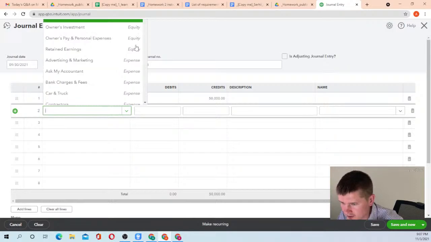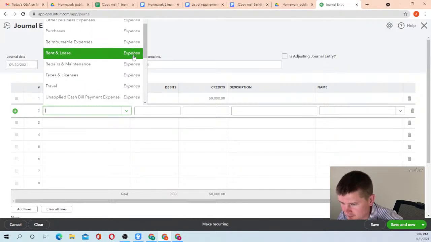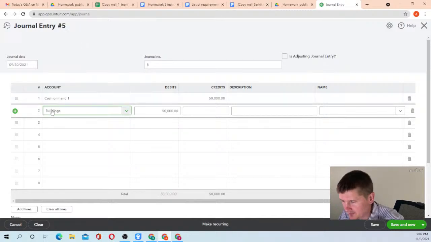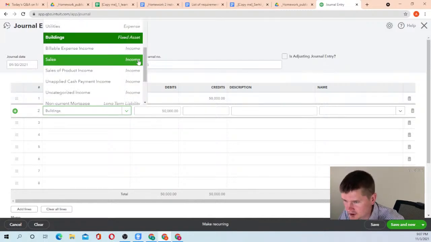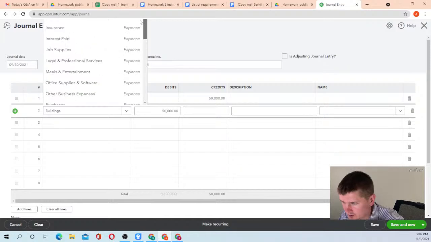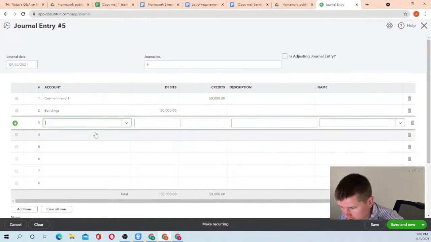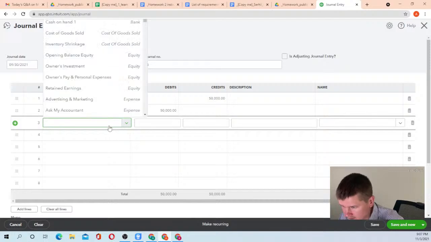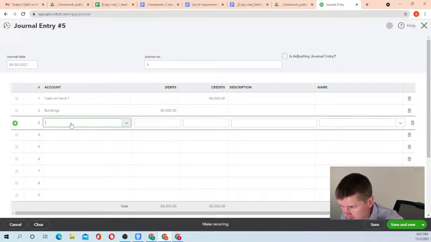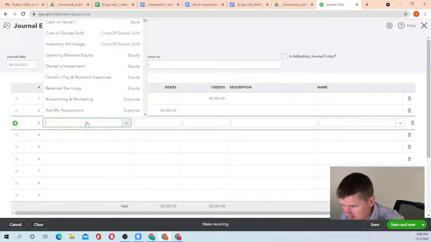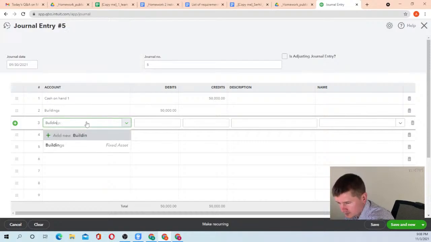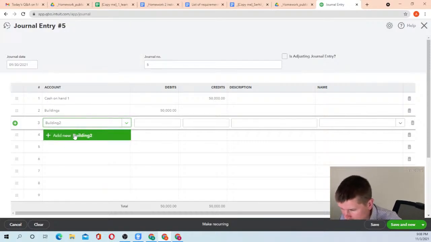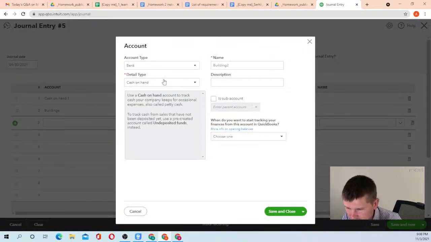So we need to debit building. Let's see if we have it here. Yeah, if you don't have it, you just add a new account. Let's see if they offer you such an option. Yeah, you can just enter building 2 and create such an account.